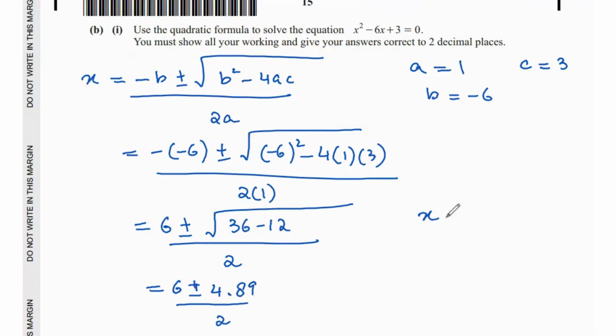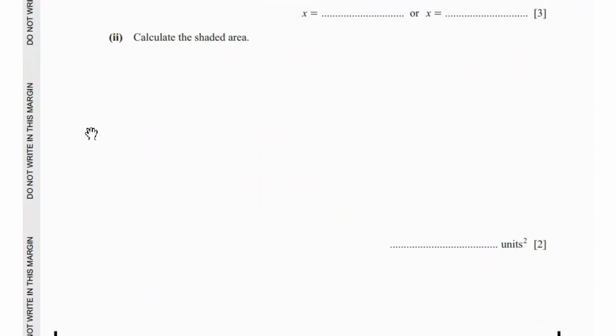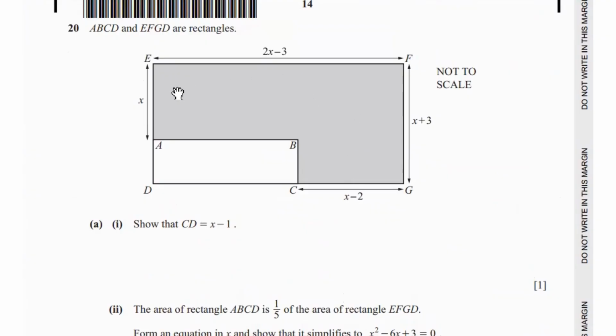So one value of x is 6 plus 4.89 over 2, which gives us 5.45. And the other is 6 minus 4.89 over 2, which gives us 0.56. These are your two values of x correct to two decimal places. Then it says calculate the shaded area. So for the shaded area, we subtract the two areas.